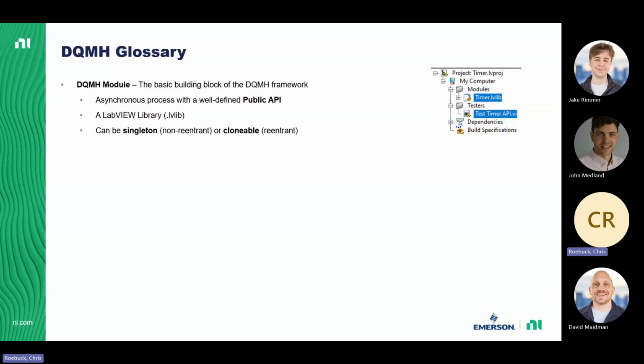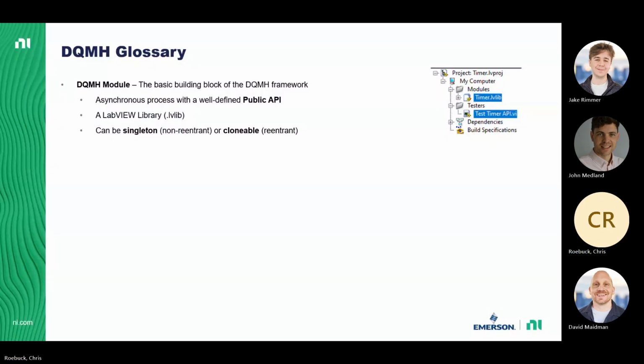So if we have a fan and we're only ever going to have one single fan, then I could create it as a singleton module. However, if I'm going to be controlling a camera and I might need to have multiple cameras in future, then I would create it as a clonable module, which allows me to have multiple instances of my module in memory at any given time.